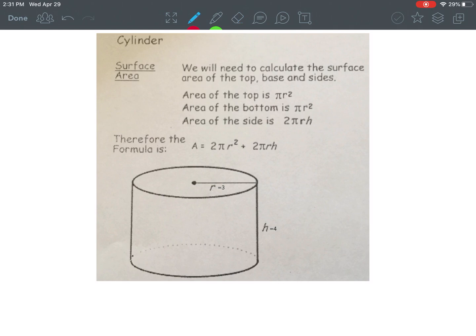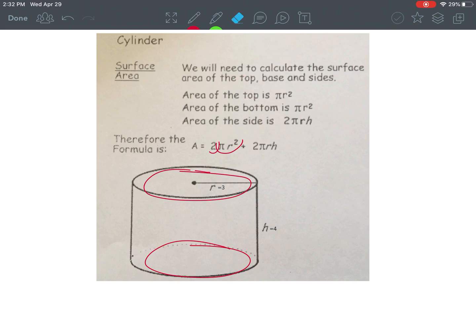If we look, the top is a circle. And remember, to find the area of a circle, it's pi r squared. That right there is this portion where it's pi r squared. Now, how many circles do we have in this? We have two, one up here and one down here. So that's why this 2 is there. We find the area of one circle and then multiply it by 2. So that's part of that formula.